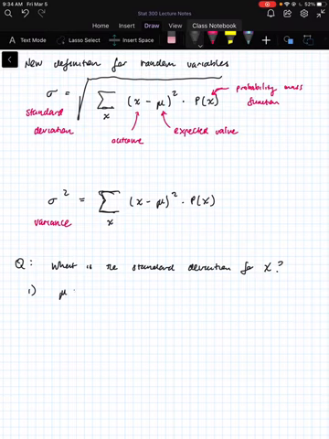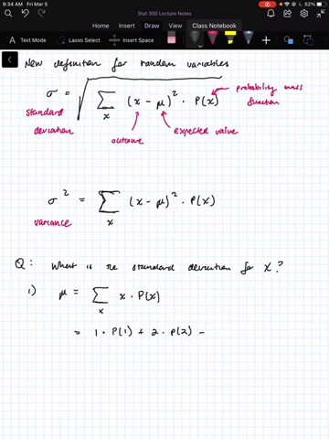So step 1, find the mean or the expected value. So we're going to sum over all the outcomes and find all these products, the outcomes times their probabilities, which is going to be 1 times the probability of rolling 1 plus 2 times the probability of rolling 2 plus, and so on, all the way until we get to the very last one.